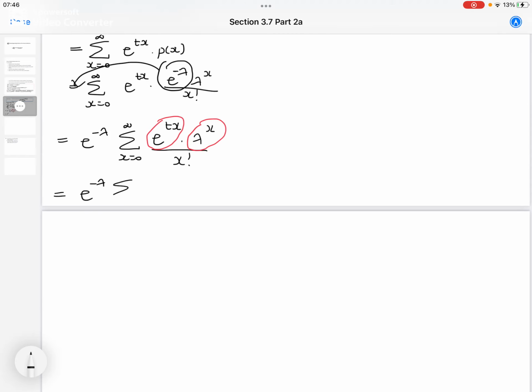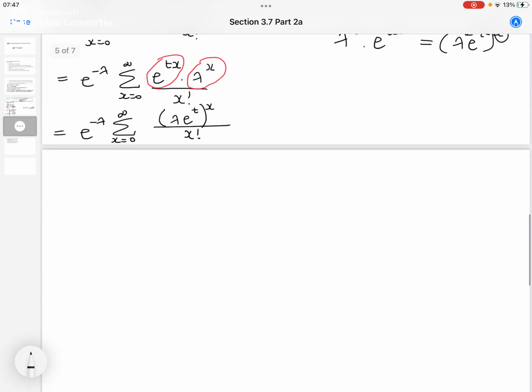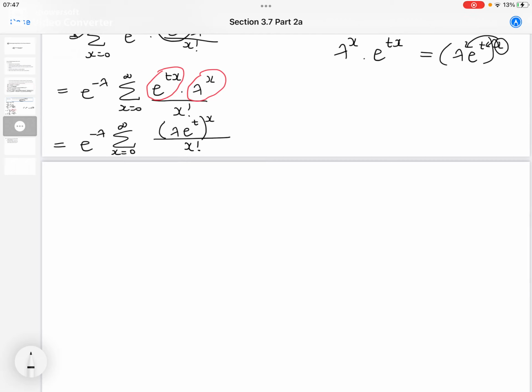So we have here e to the power minus lambda times the sum, where x goes from 0 to infinity, of lambda times e to the power t, all to the power x. So lambda to the power x times e to the power tx is the same as lambda e to the power t, all to the power x. So that power can go to those two items, the lambda and e to the power t.